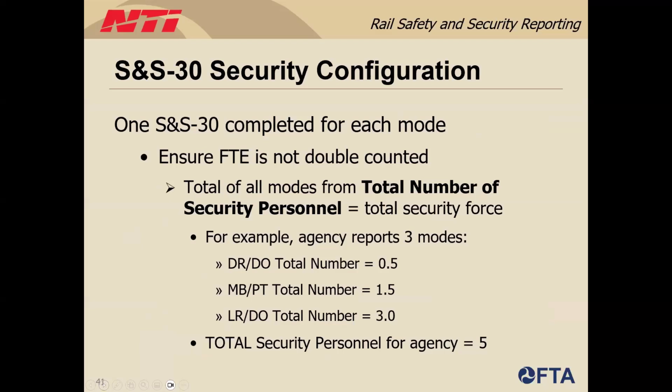For example, if you operate demand response, bus purchased transportation, and light rail, it may be allocated as 0.5 for your demand response, more allocated to your bus mode at 1.5, and perhaps even more than that for your light rail at 3.0. So the analyst is going to add all 3 of these numbers together and confirm that you have 5 FTE, in this case, 5 full-time equivalents.